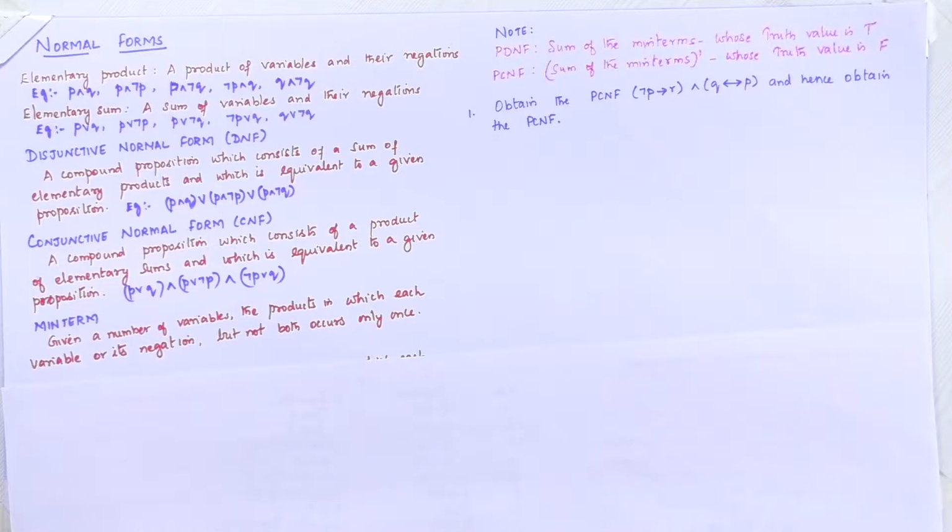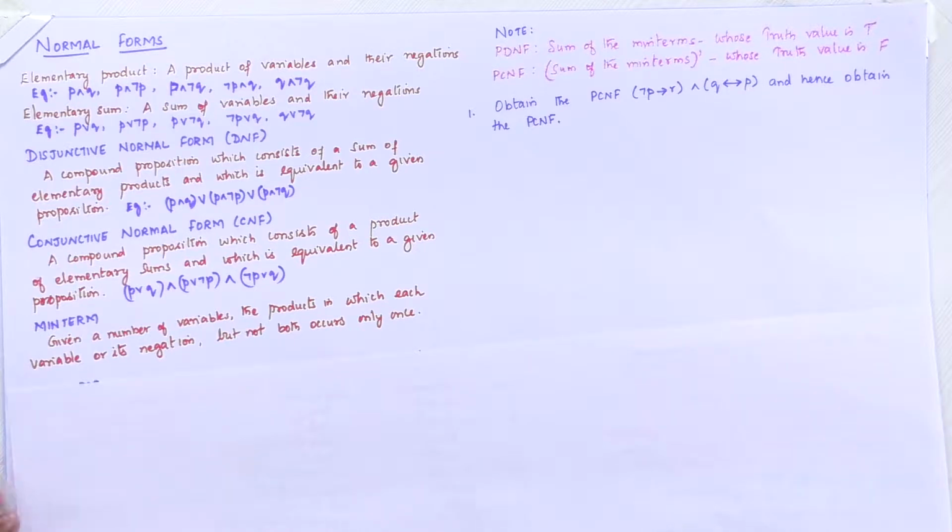We call it a min term, right? What does this product of each variable or its negation mean? It means that if I have the variable P, I should not have the conjunction of negation P along with my P term. Either I should have only the variable P or only negation P, but I should not have both together. That is what it means here.